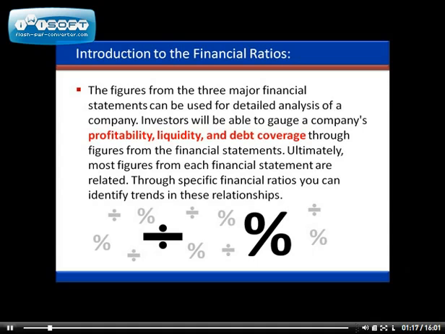Investors will be able to gauge a company's profitability, their liquidity, and whether a company can cover their debt obligations through these financial ratios. And ultimately, most of the figures from the financial statements are somewhat related. Through these specific financial ratios, you can identify trends in these relationships.